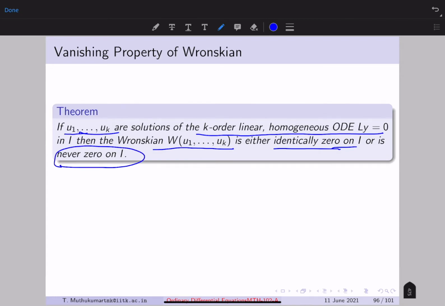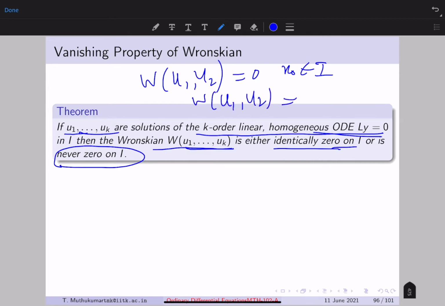What the statement means is that if u1, u2 are solutions of an ODE, let me take just two functions for simplicity, then it cannot happen that the Wronskian is 0 for some x0 in I and the Wronskian is non-zero for some x1 in I. This cannot happen if u1 and u2 are solutions of some ODE.